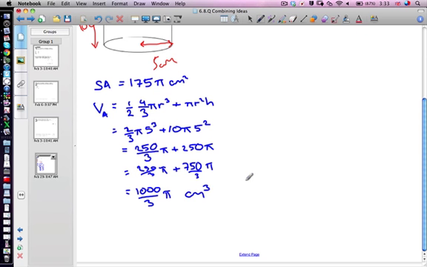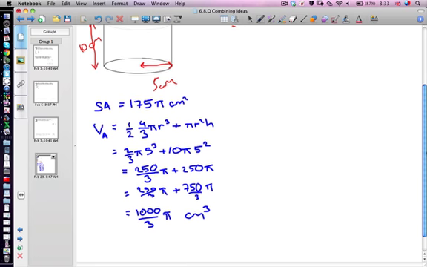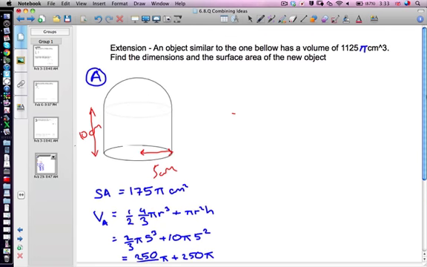That's my new volume. Now when you're working with a calculator, rather than have it in terms of pi, you can just have this as a number, but don't round it, keep that whole number on your calculator. So we've now got the volume of both shapes.